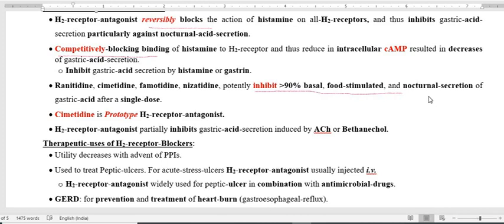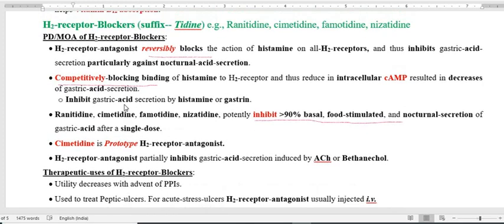This drug is very good for inhibiting nocturnal acid secretion, the acid secretion at night time. No doubt it is used for the therapy of peptic ulcer also, but it is less preferable than the PPI, the proton pump inhibitor.